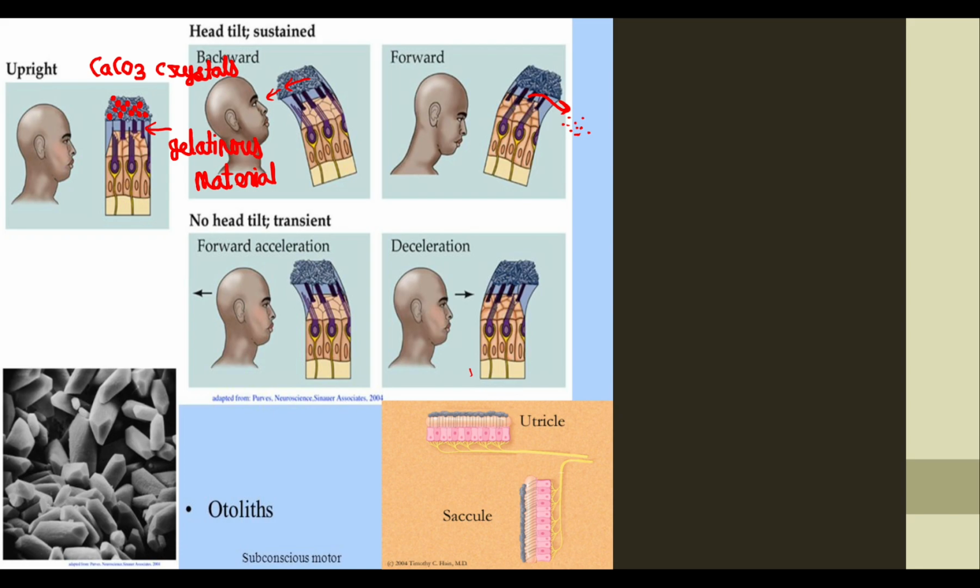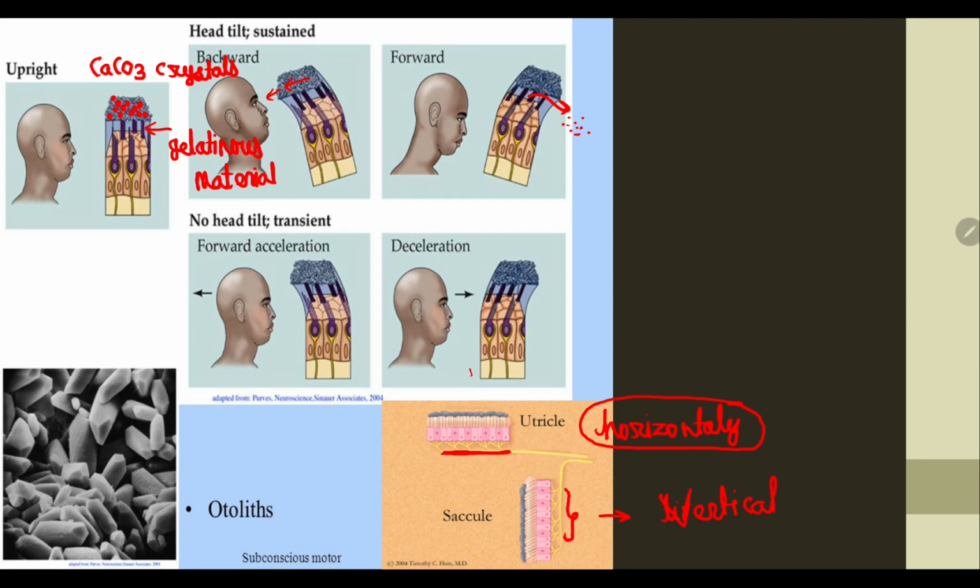But particularly it is observed that the sensory organ utricle is located horizontally, and the saccule is located linearly, vertically. They do not detect motion, they detect change in motion.